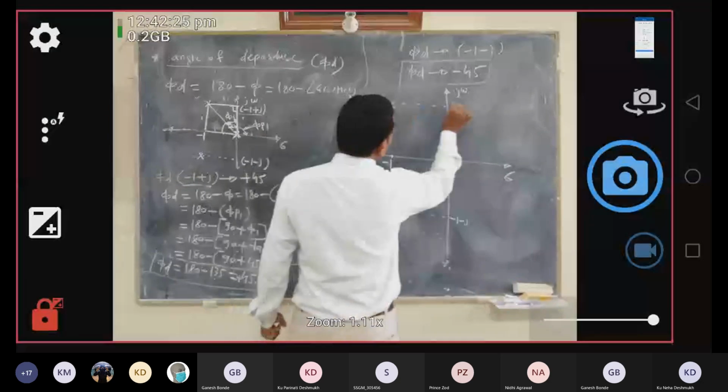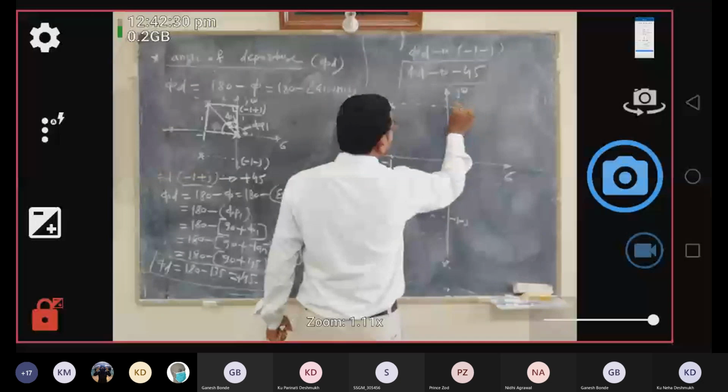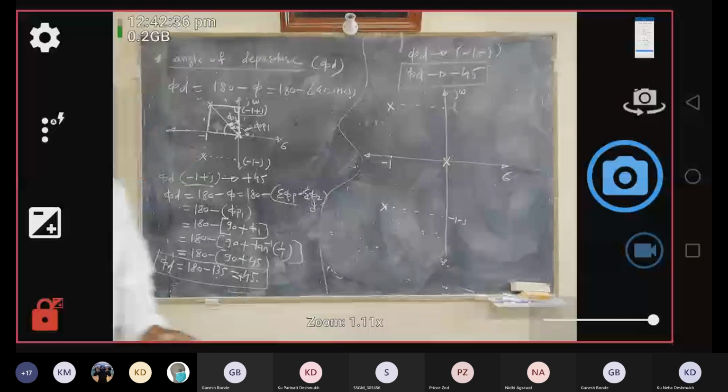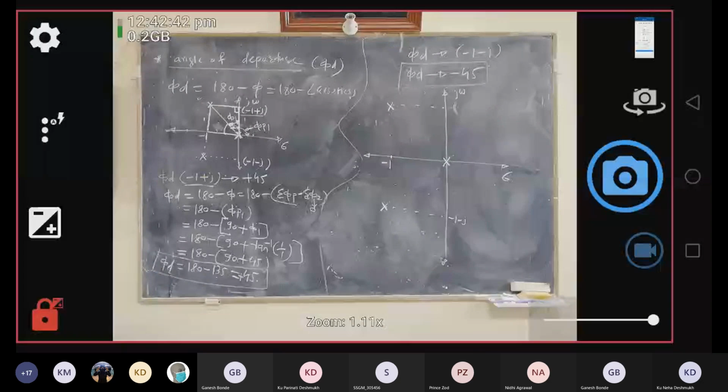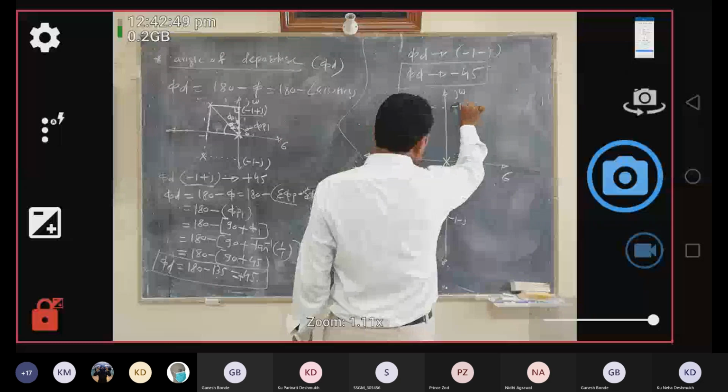This pole value is plus 1. Sorry, it could be -1 minus j, plus j.